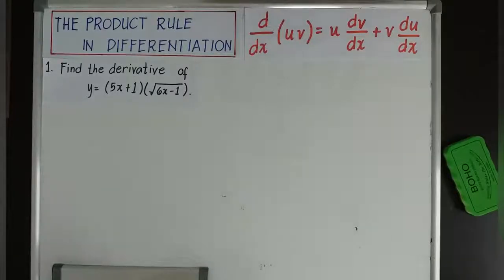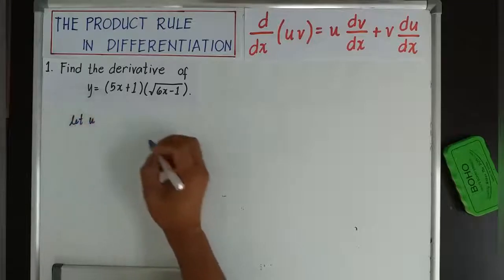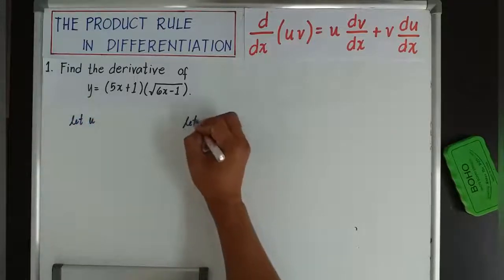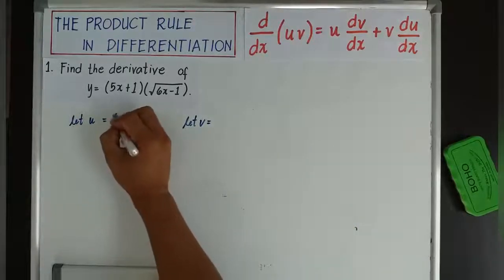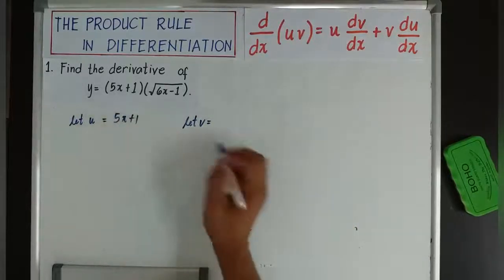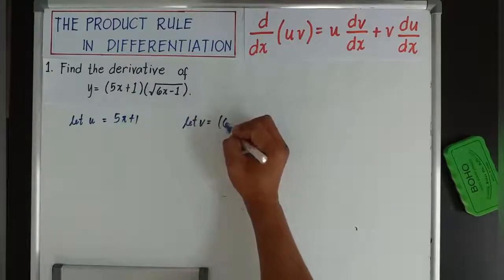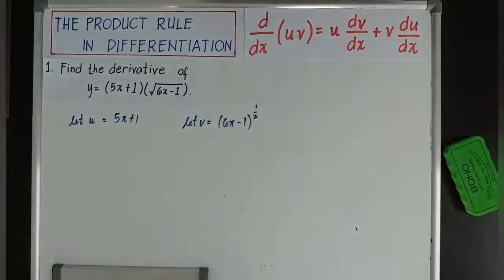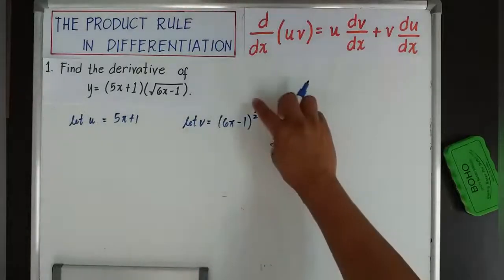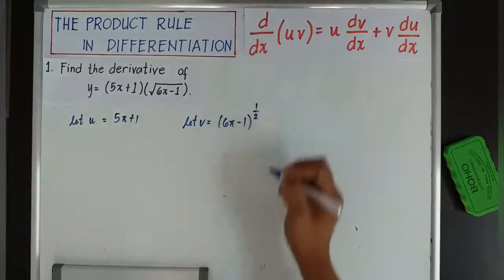So the first thing that you need to do here is to let u and v equal those functions. u will become 5x plus 1. v will become the square root of 6x minus 1, which is basically 6x minus 1 to the power of 1/2. It's equivalent to 6x minus 1 to the power of 1/2.